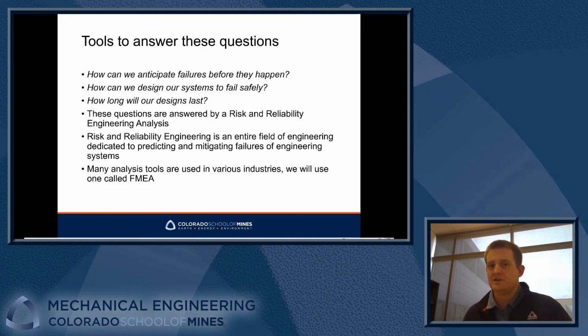All right. So the tool that we're going to use to answer these three questions is a risk and reliability engineering analysis. Risk and reliability engineering is an entire field of engineering that you can go into and make a career in if you'd like to. It's all about predicting and mitigating failures of engineering systems.